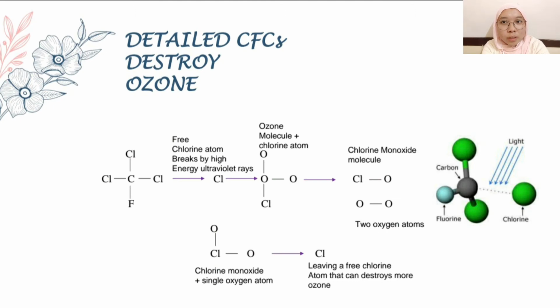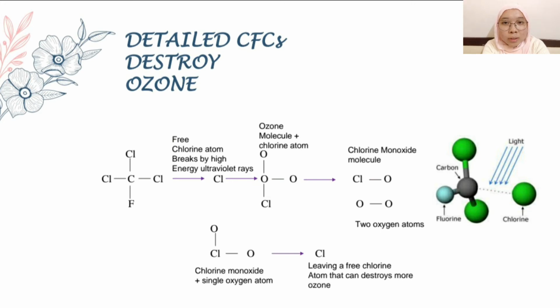Okay, here is a more detailed explanation and picture to help you understand better. As you can see, a chlorine atom will break free from the CFC molecule by high-energy ultraviolet rays. And then an ozone molecule will mix with the free chlorine atom.